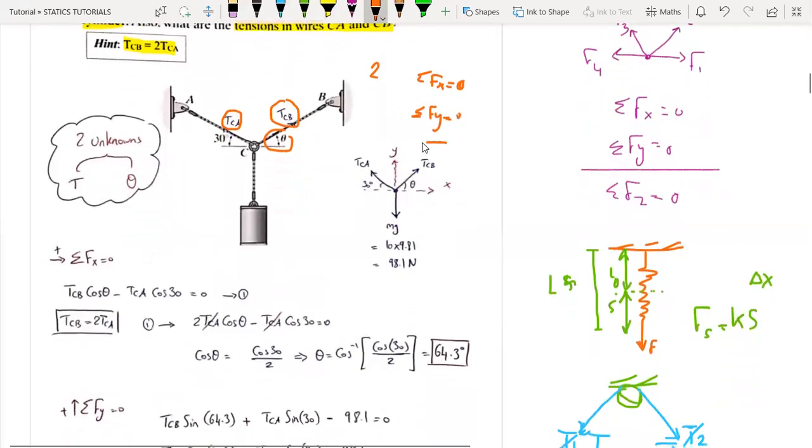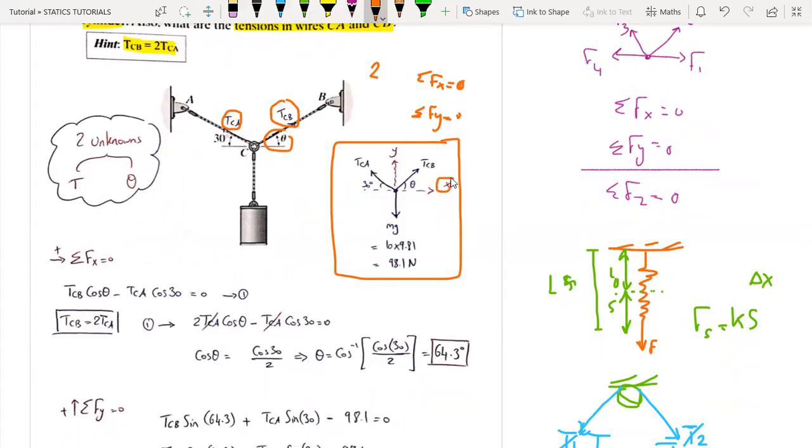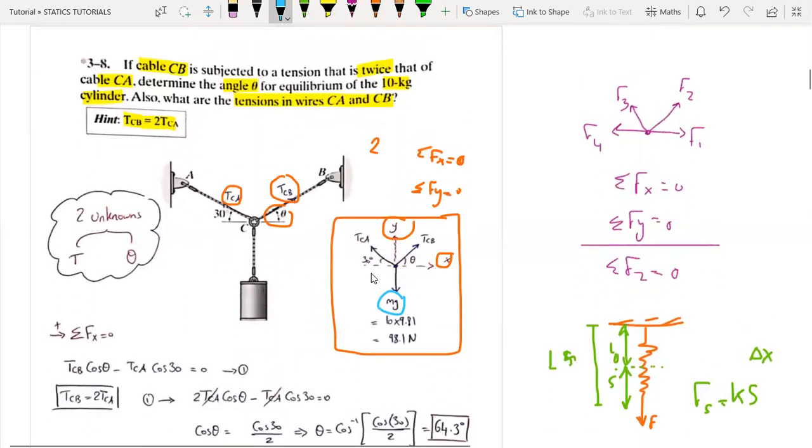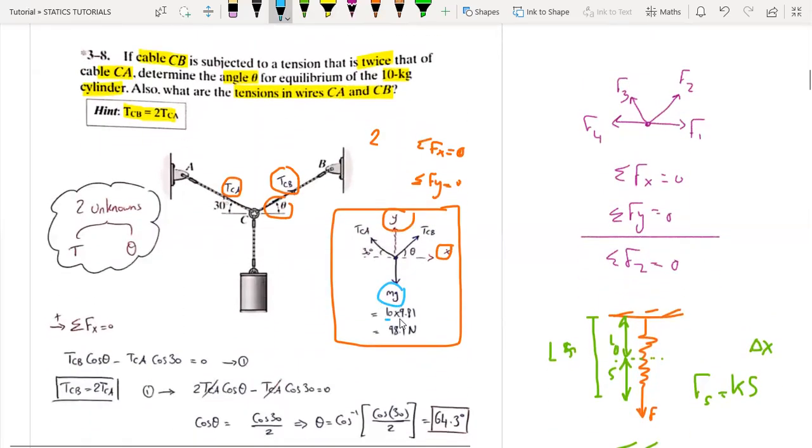Here I put the coordinate system, so the x-axis is the horizontal axis and the y-axis is the vertical axis. The weight of the cylinder is equal to mg. The mass is given as 10 kilograms, multiplied by g, 9.81, and we get the weight to be 98.1 newtons. Here theta is required, unknown, and the other angle is given to be 30 degrees.